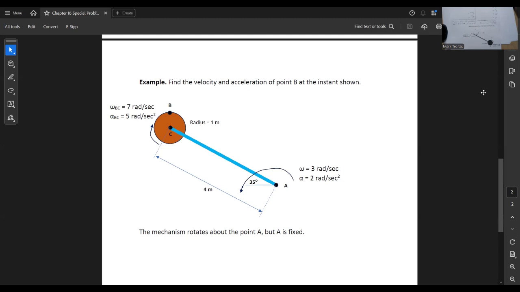So again, unlike the last one, we will have to take into account the normal component of acceleration because here this smaller disk is rotating and it's on the larger mechanism. So let's take a look at this.